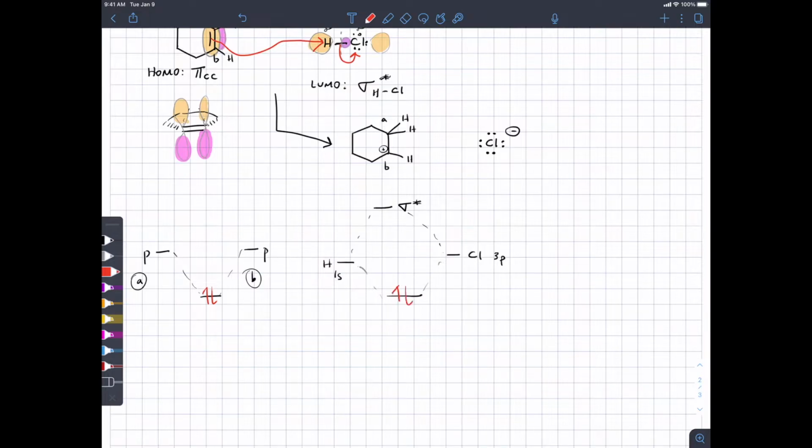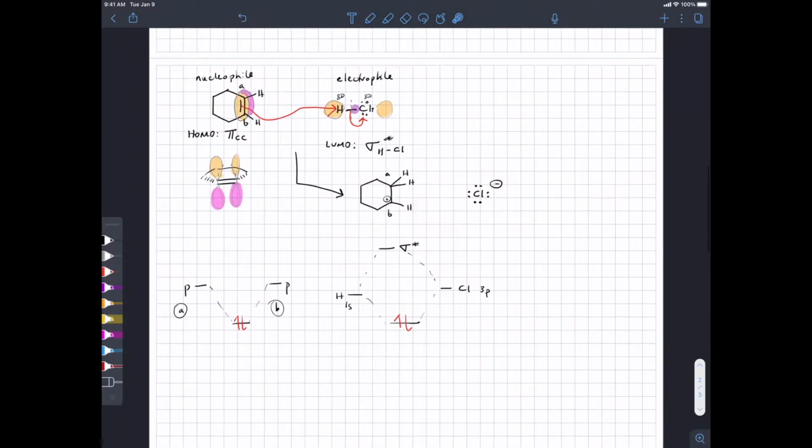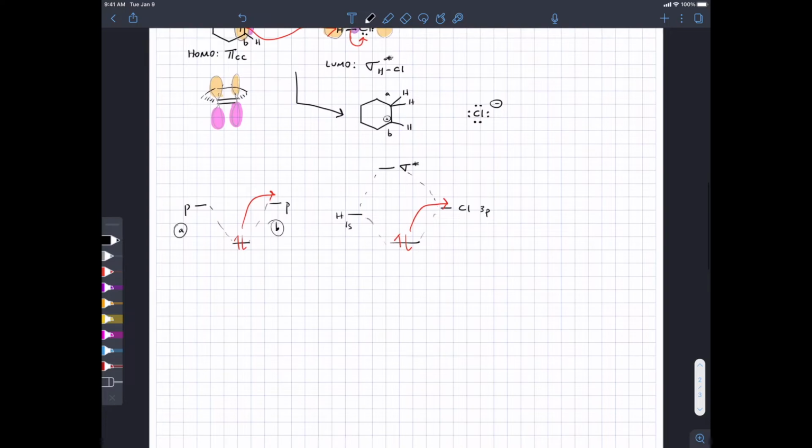So here's sort of the situation we have. And what basically happens is, as this reaction proceeds, we're going to slide the electrons in the pi bond back here, and then we're going to make a new bond with the p orbital on carbon.